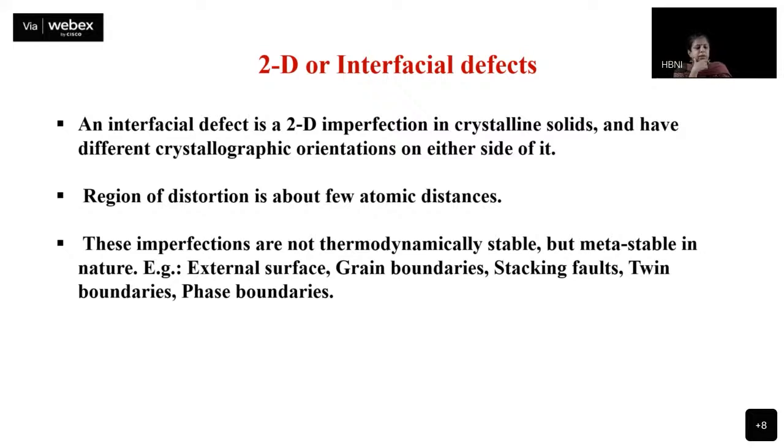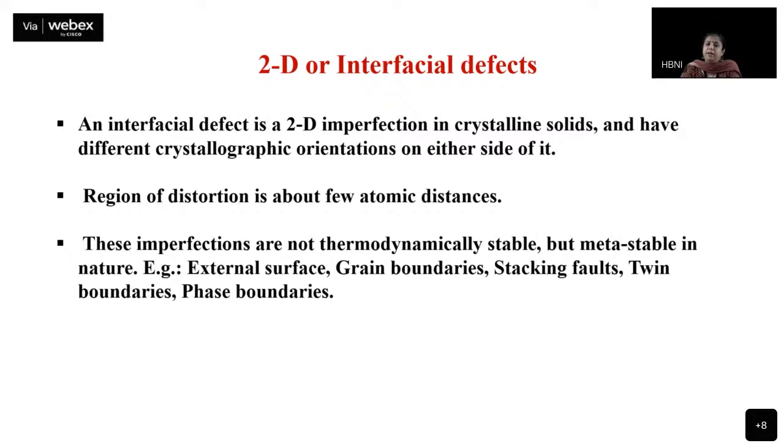All right. Coming to two-dimensional defects, these are also called surface defects, or interfacial defects. An interfacial defect is a 2D imperfection, and the region that it affects is about a few atomic diameters, in the XY or YZ direction, basically around a 2D plane.